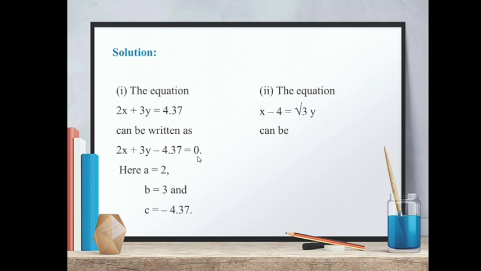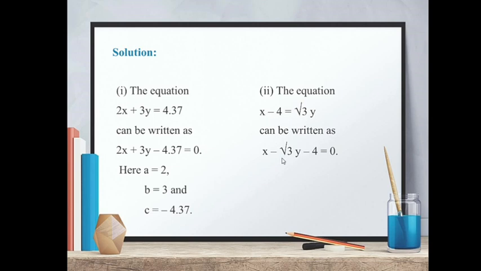This can be written as x minus under root 3y minus 4 equals 0. So this equation can be written in the standard form of a linear equation in two variables, that is x minus under root 3y. This under root 3y we have transferred to the left hand side, so the sign will get changed.